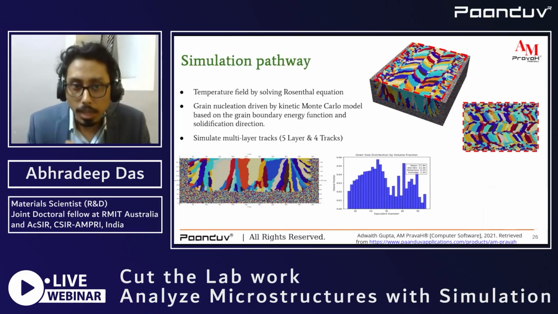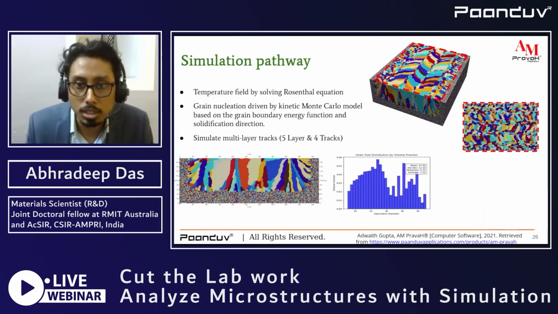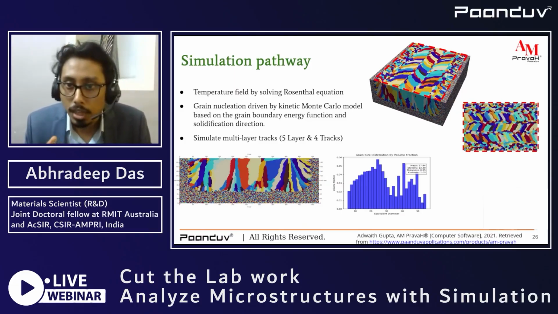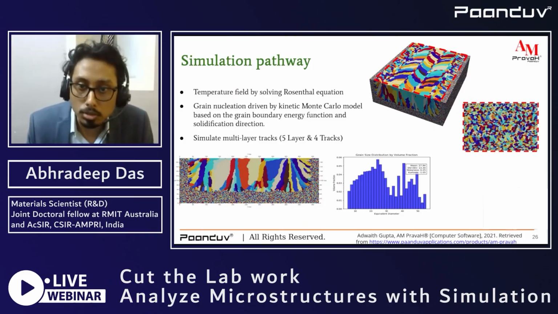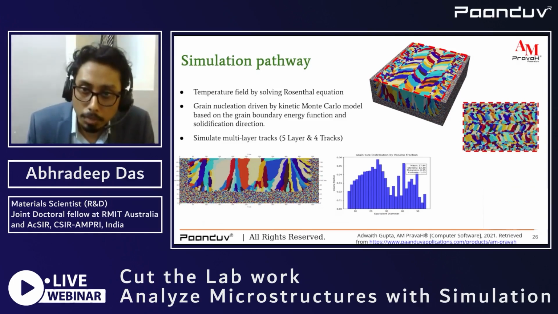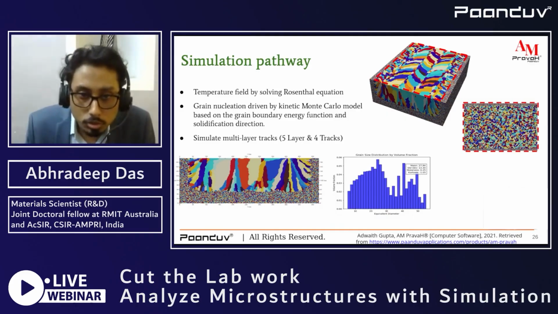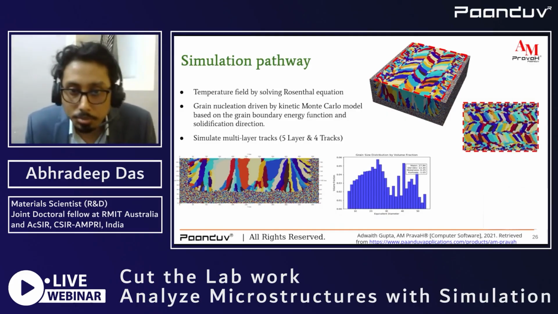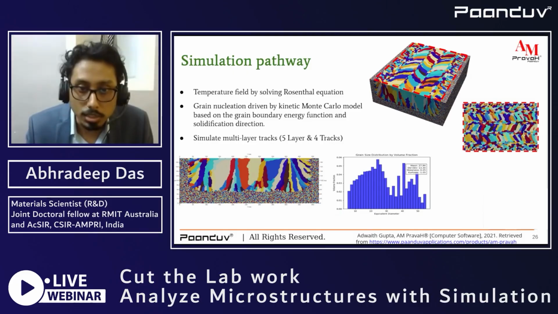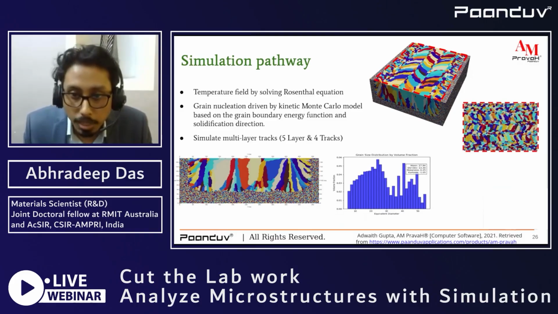In this aspect, we have studied the grain nucleation driven by the Monte Carlo model, which is a probabilistic model, so that we can generate the non-stochastic behavior of the additively manufactured microstructures. We can also see the subtle details captured here by using the fundamental equations. The grain growth for a certain crystallographic direction has certain anisotropic characteristics.